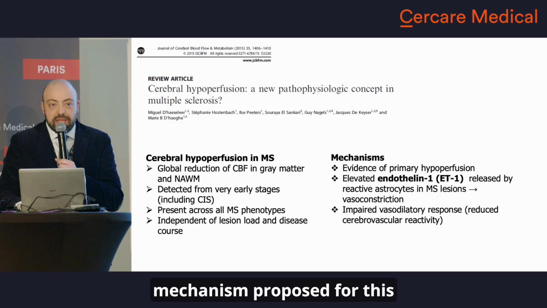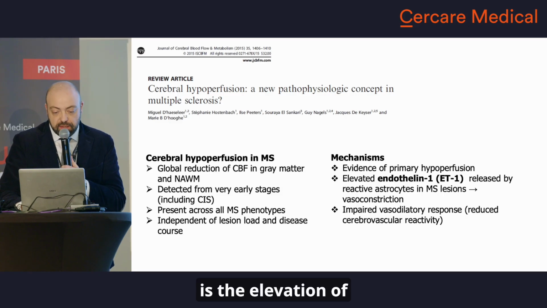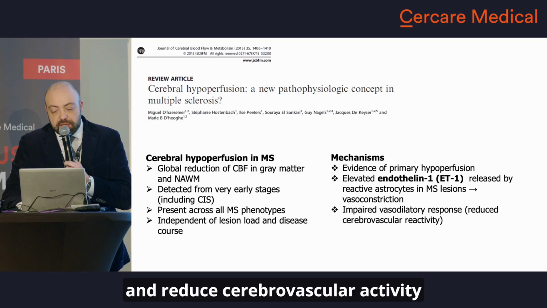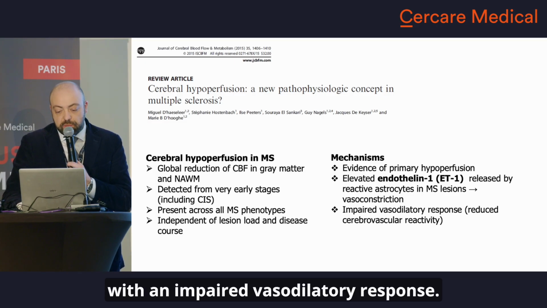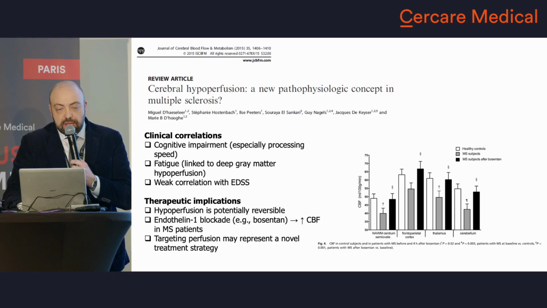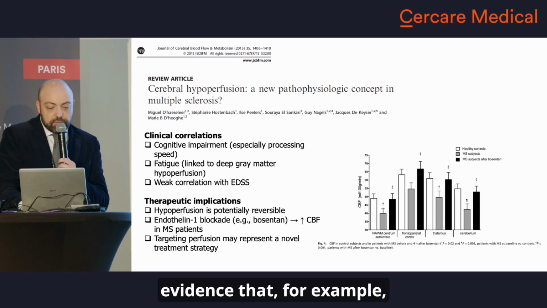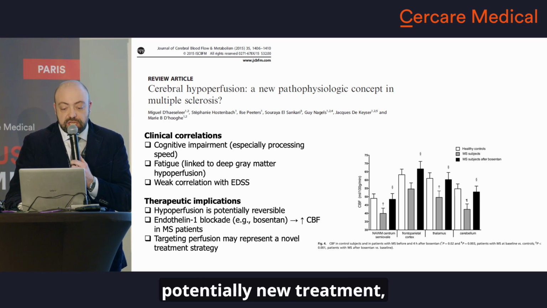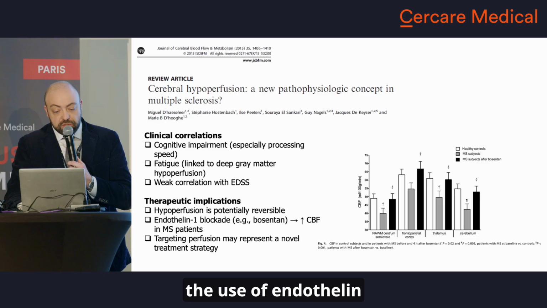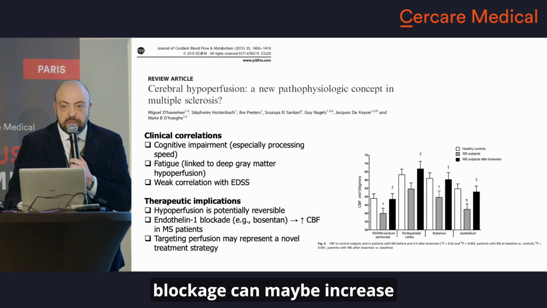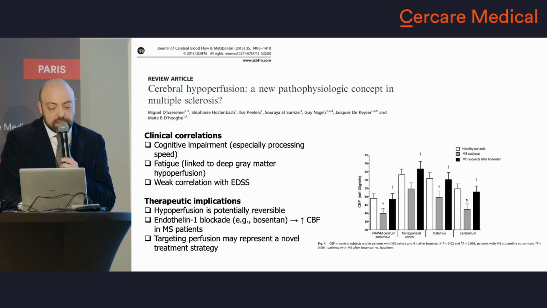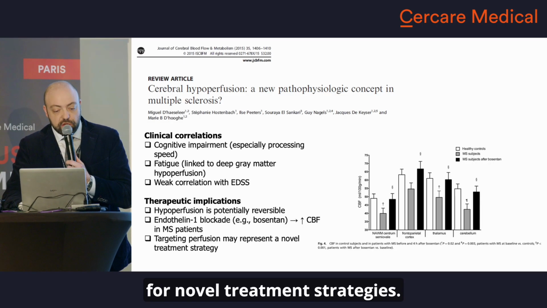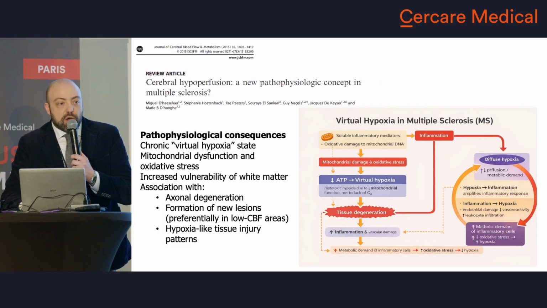Some proposed pathophysiological mechanisms are the elevation of endothelin-1 with vasoconstriction and a reduced cerebrovascular reactivity with an impaired vasodilatory response. There is also some evidence that the use of endothelin blockade may increase perfusion in these patients, and this may be a target for novel treatment strategies.